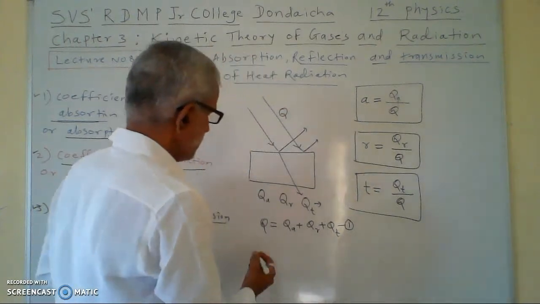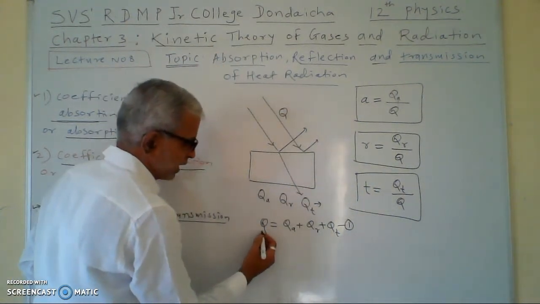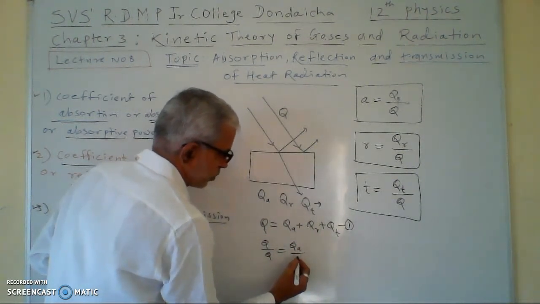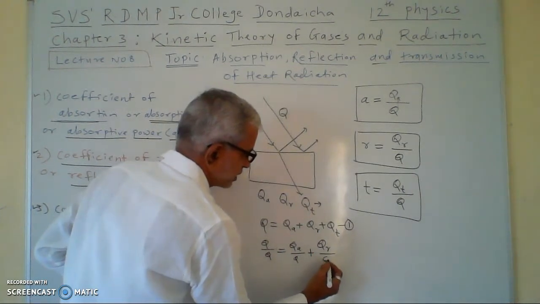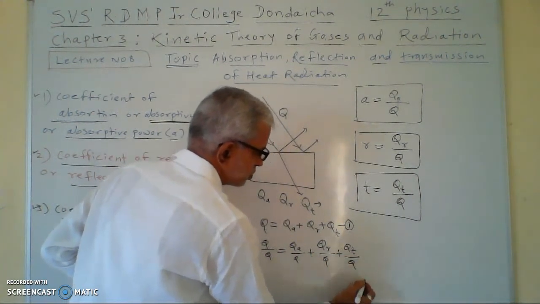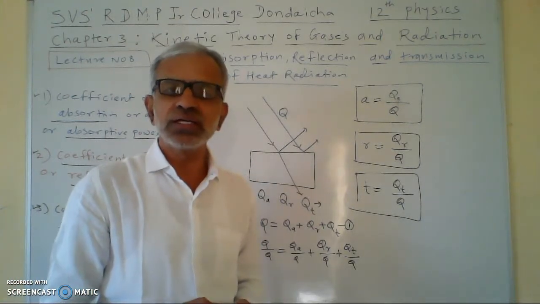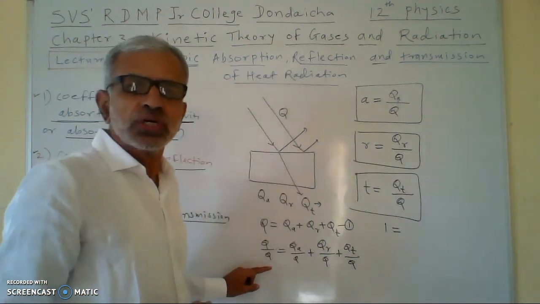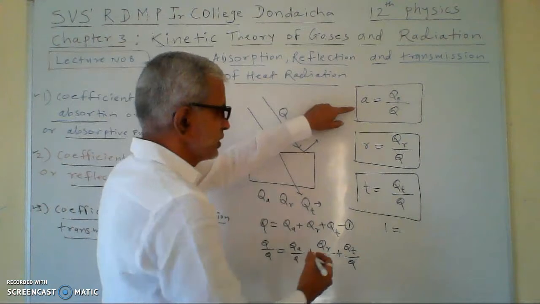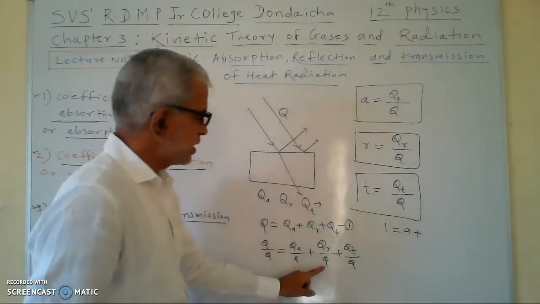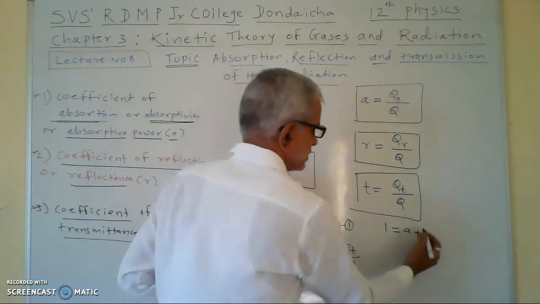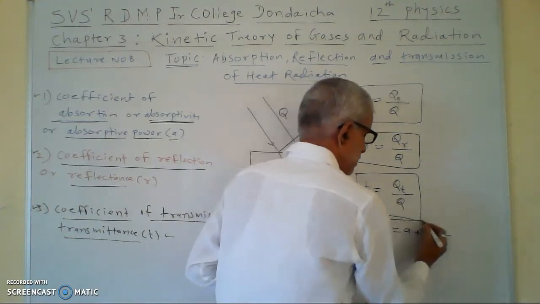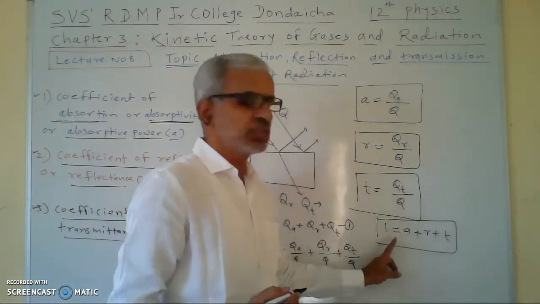Now suppose we divide this equation on both sides by Q. So this will be Q upon Q is equal to QA upon Q plus QR upon Q plus QT upon Q. Now Q upon Q will be 1, equal to QA upon Q, which is A, plus QR upon Q, which is R, and QT upon Q is equal to T. So A plus R plus T is always equal to 1.